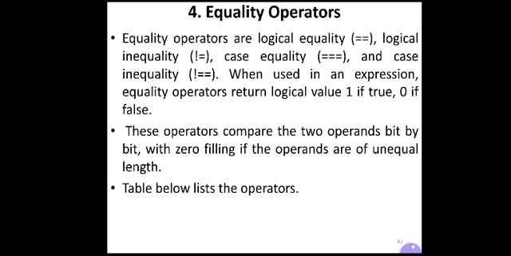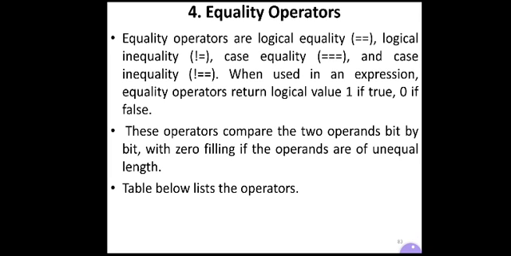In the first two cases, that is logical equality and logical inequality, if any value is unknown or high impedance, that is x or z is present, then the result may be x. That is, true or false will not be the result; it is unknown.